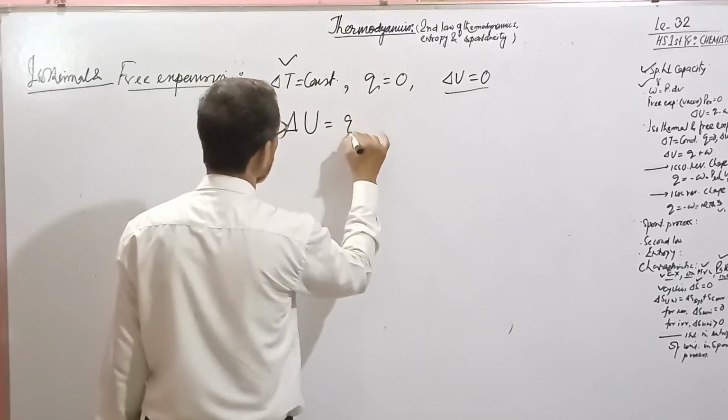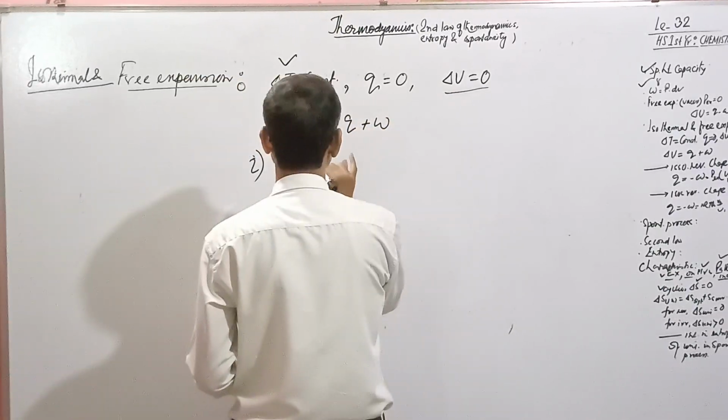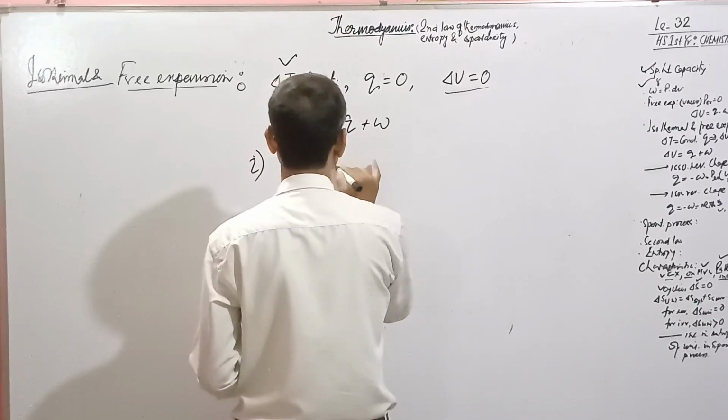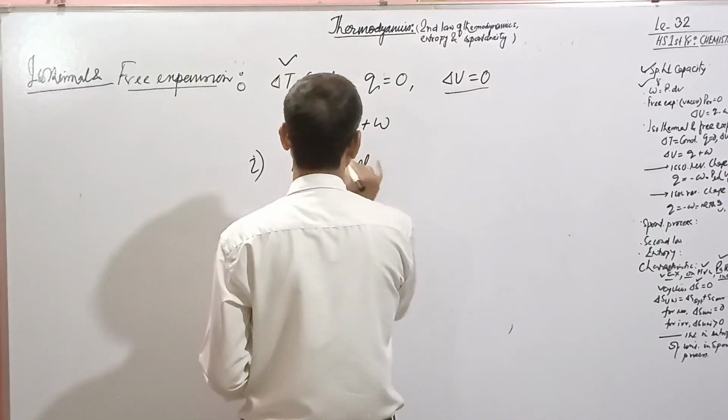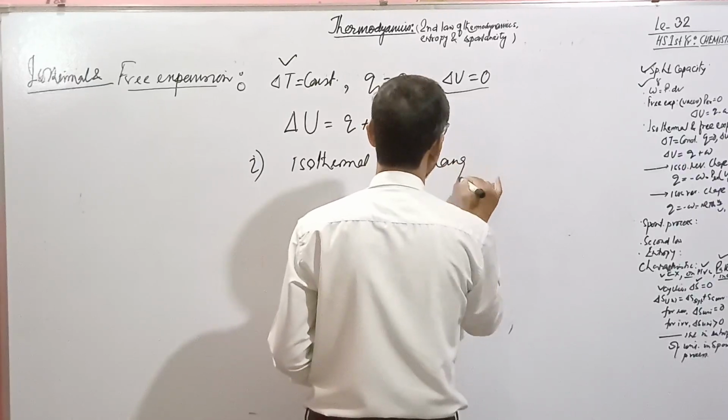Del U is equal to, by the first law of thermodynamics, Q plus W. So what is it for an isothermal reversible change?